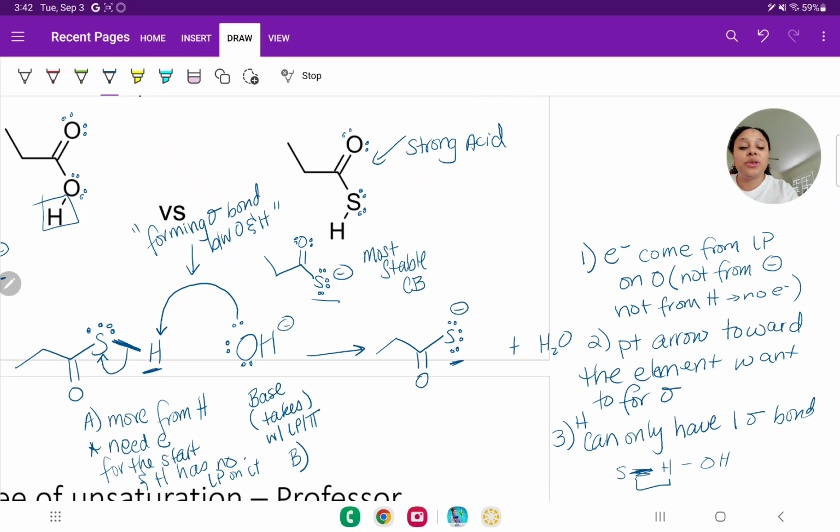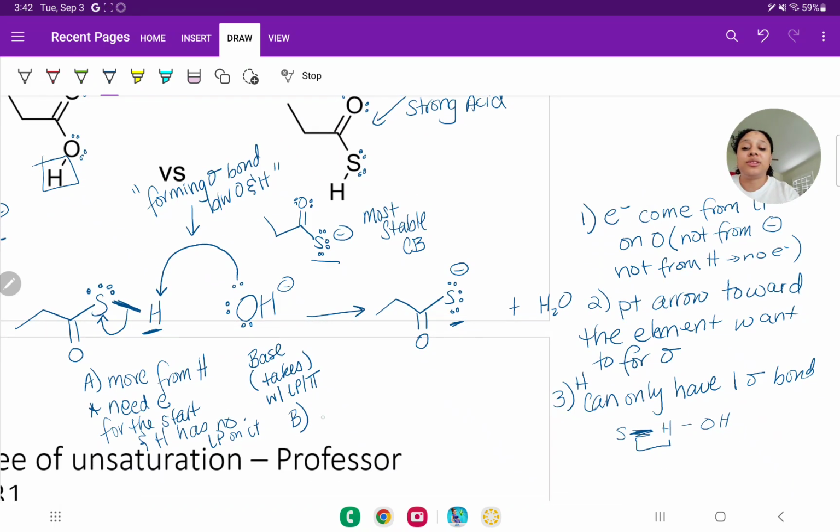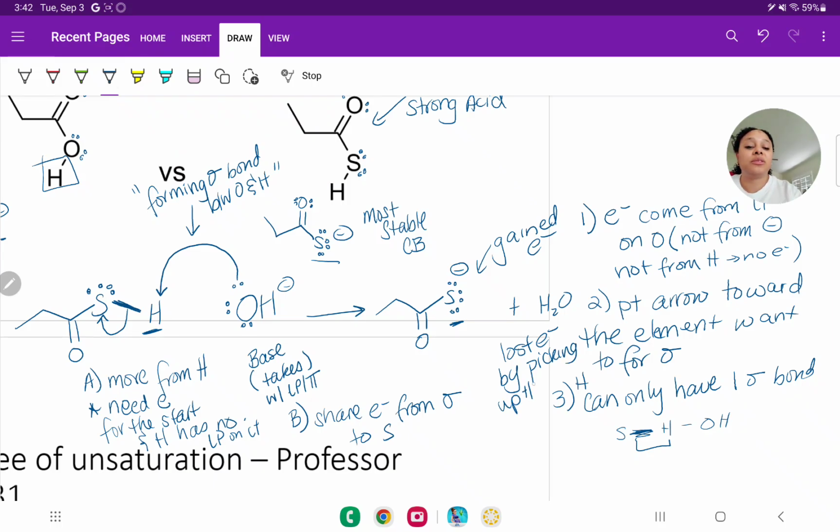So what you need to do is share electrons from the sigma bond to the sulfur. And that's why sulfur is negative, because it's gained electrons, whereas the OH lost electrons by picking up hydrogens. All right, so that's actually the answer to this problem.